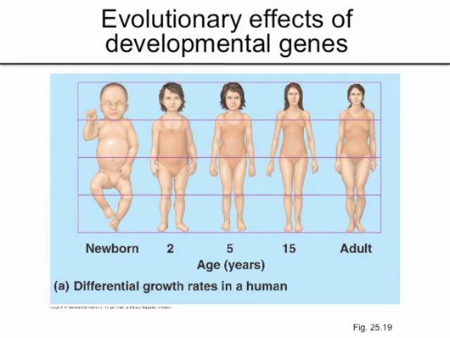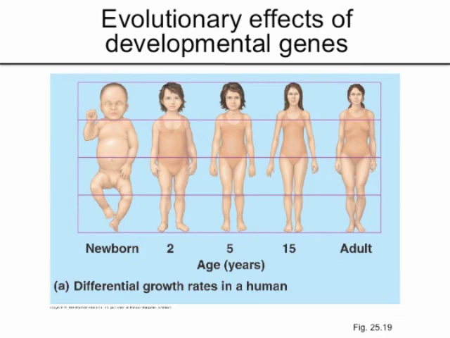This is just a picture of growth in humans, and it shows the relative size of different features. When you're a newborn, your head and your torso and your thighs and your calves all take up about equal space. But by the time you're a full adult, your head fills up only about a quarter of that, and your legs take up about half of your body, and the ratios between body parts really change over time.